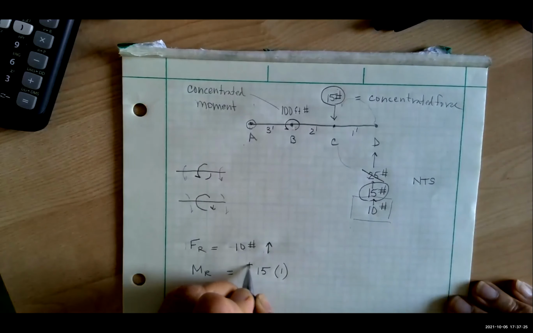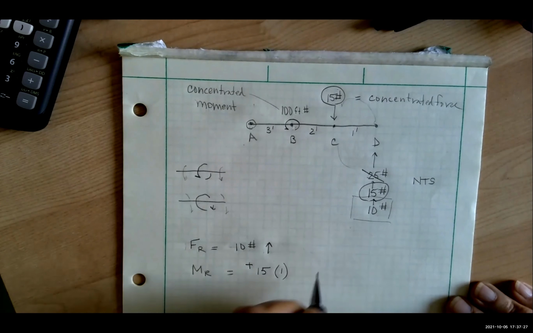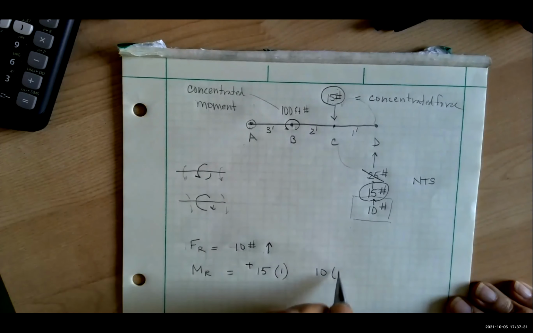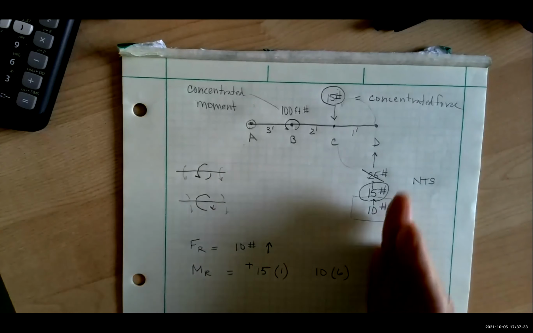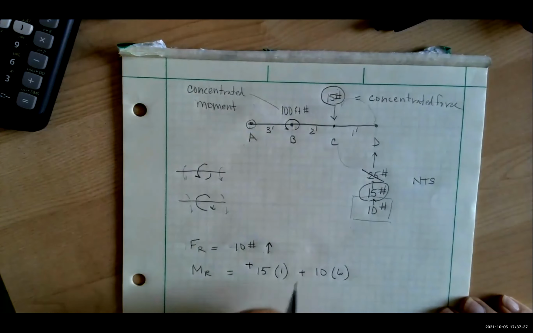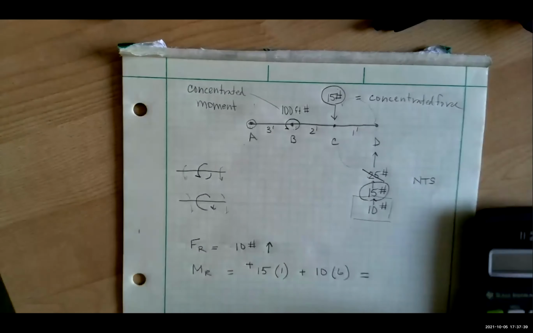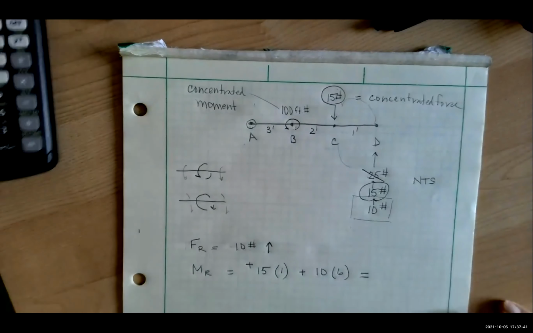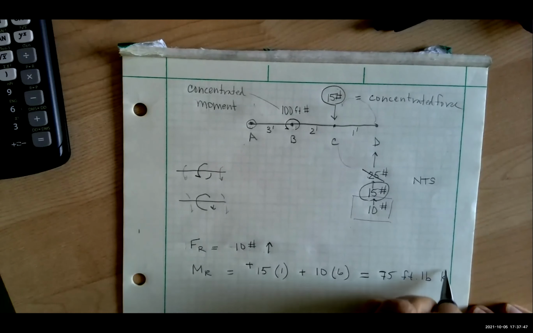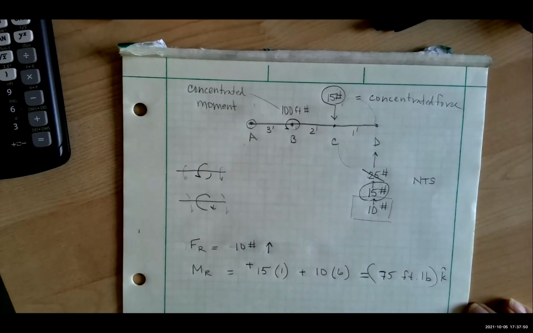We know it's going to be positive in the Z. And then I have a 10 pound, that's 6 away from A. And my fingers go in the direction of force, palm goes towards A. It's positive. And what's this coming out to be? 60 plus 15. So it's 75 foot-pound. And it's in the K. And it's positive.